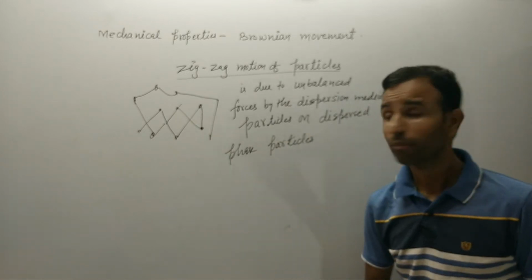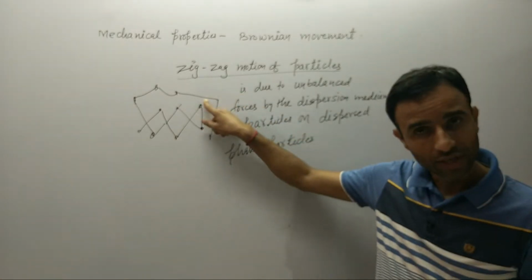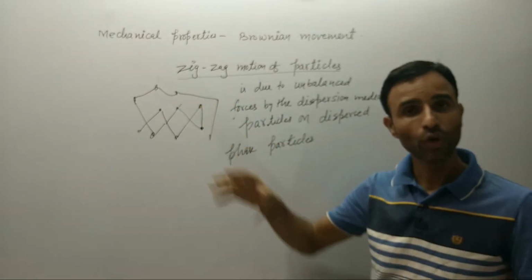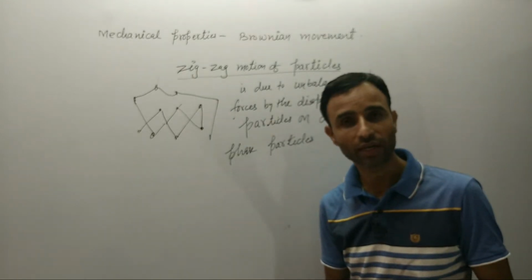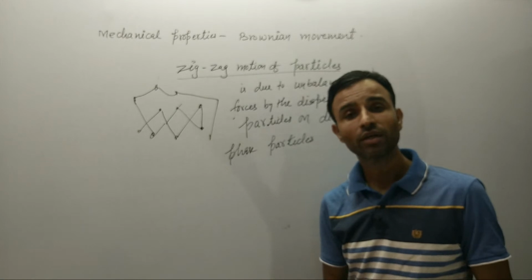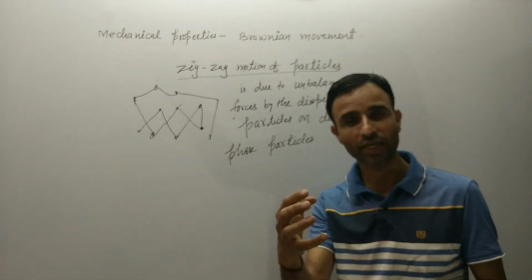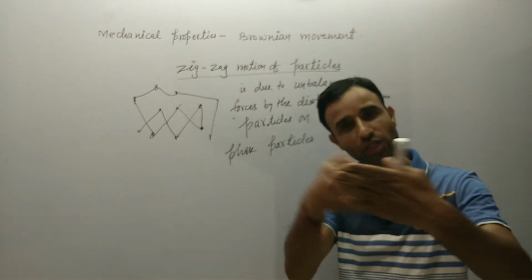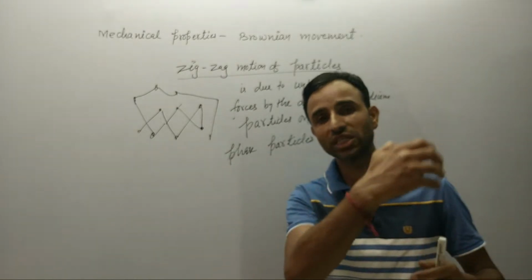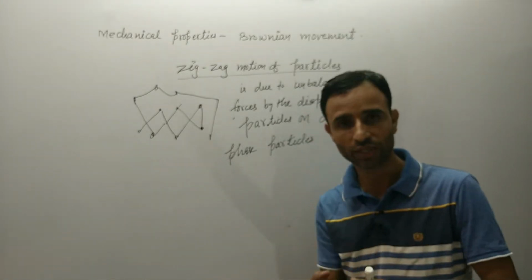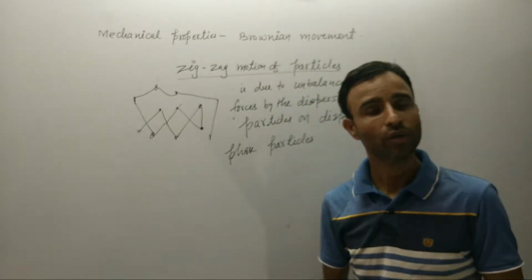That's why between two collisions it is a straight line, and when collision takes place, the dispersed phase particle collides with the dispersion medium particles with different forces. Means dispersion medium particles collide with dispersed phase particles with different forces, and that's why their direction changes every time a collision takes place, and that zigzag motion is called Brownian movement.